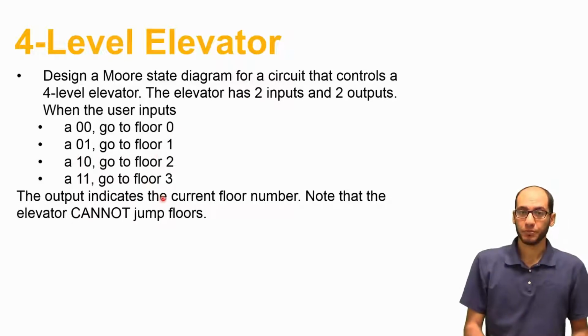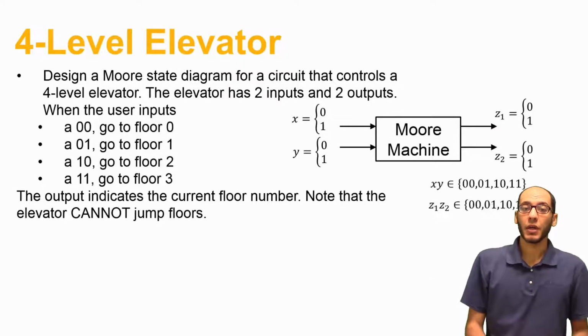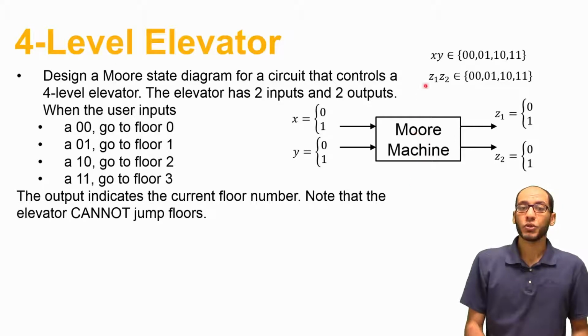Similarly, we have 2 output bits, Z1 and Z2, and we're going to merge or concatenate them. Z1, Z2 could be either 0, 0, 0, 1, 1, 0, or 1, 1.